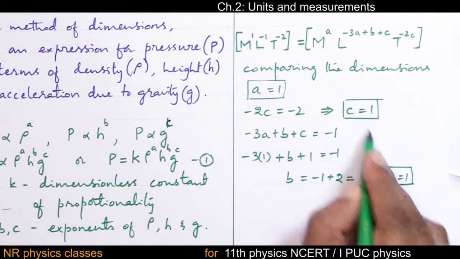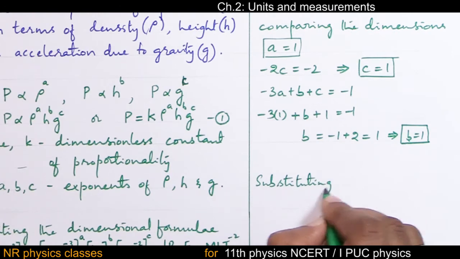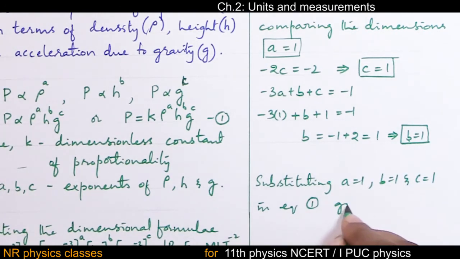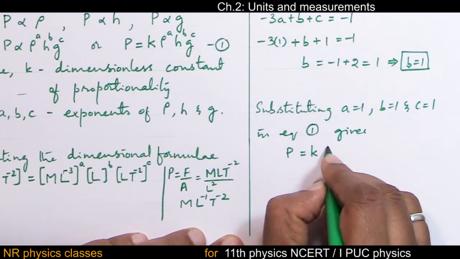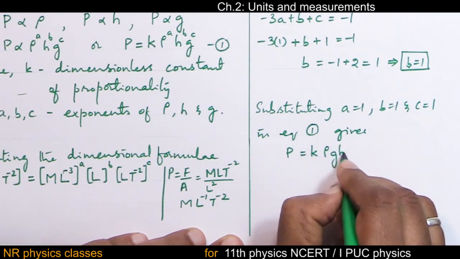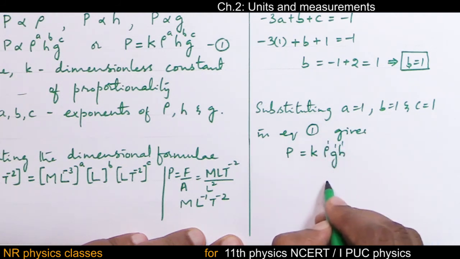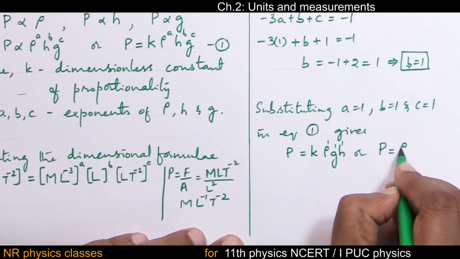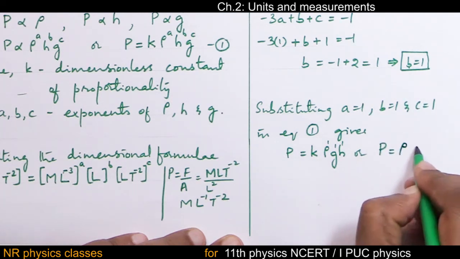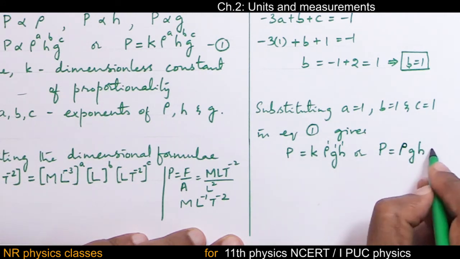Substitute the values of A, B, C in equation 1. Pressure equal to K times rho power 1, g power 1, h power 1. Pressure equal to K rho g h.